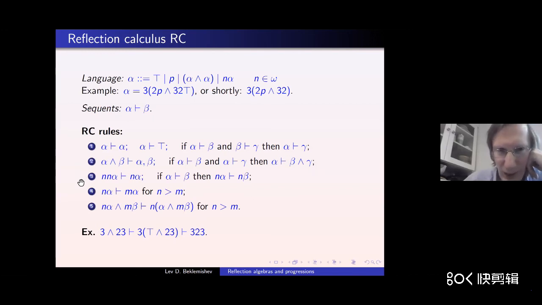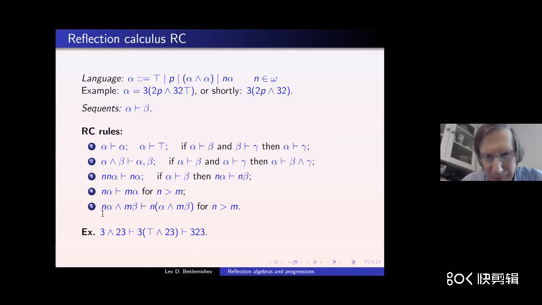Most interestingly, we have principles for the operations Rn. We have semi-idempotence that I already mentioned before. We have monotonicity: if alpha turnstile beta, then n alpha turnstile n beta. And finally, two more principles. Rn implies Rm: N-reflection is stronger than M-reflection.